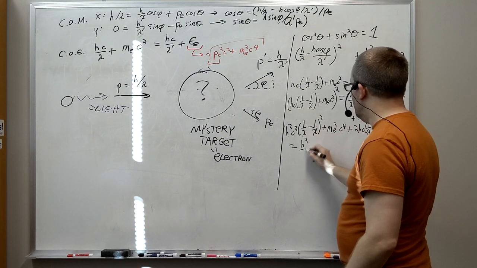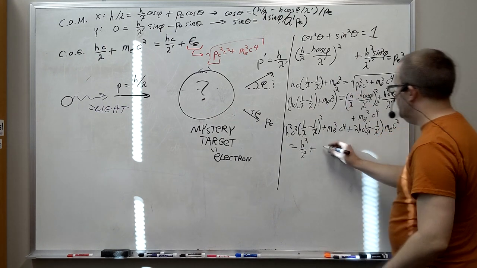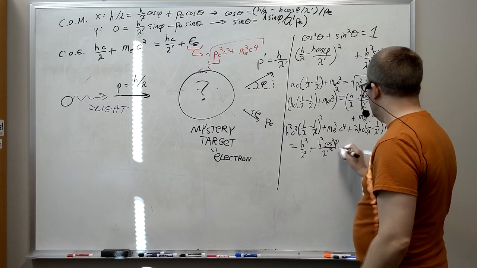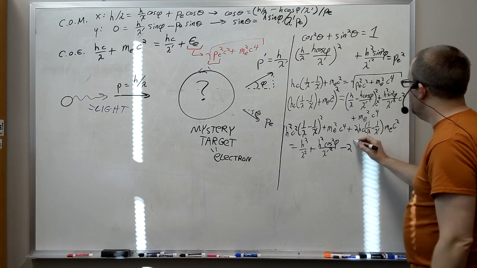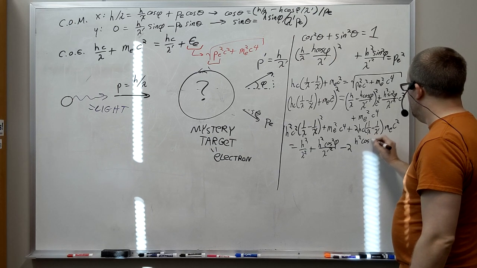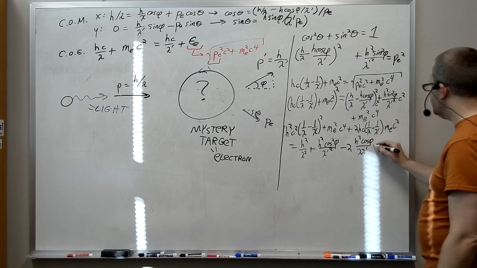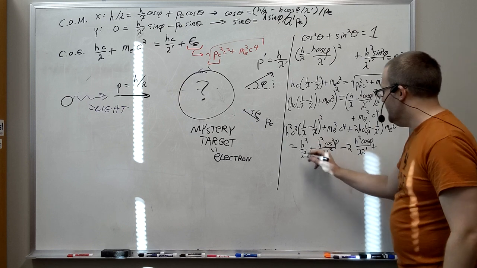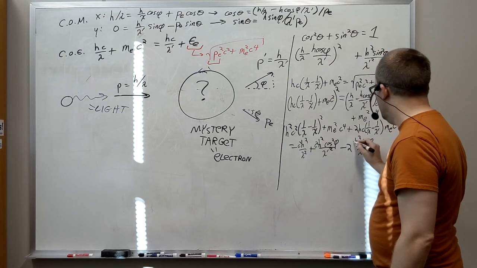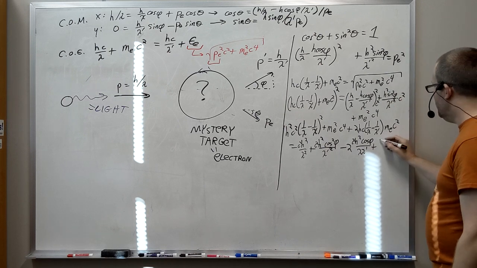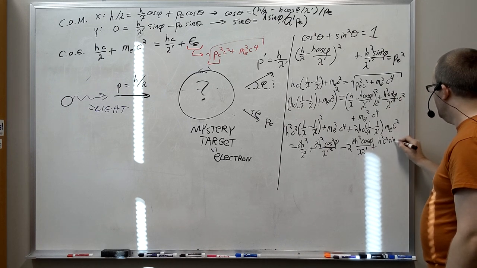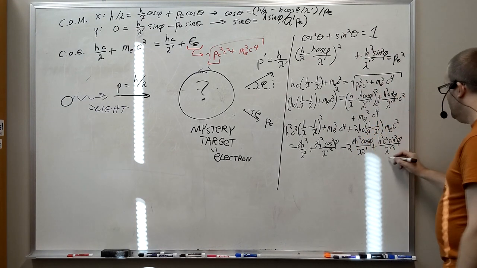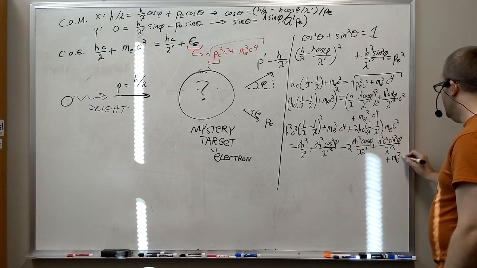So I'll have an H squared over lambda squared plus the next term H squared cosine squared phi over lambda prime squared minus 2 times the combination H squared cosine phi over lambda prime, plus this thing, all of that times a C squared, plus this thing, H squared C squared sine squared phi over lambda prime squared, plus this guy still hanging on, ME squared C to the fourth.